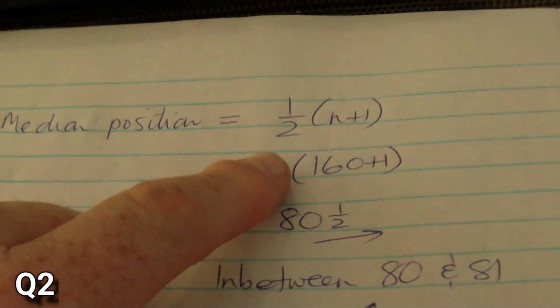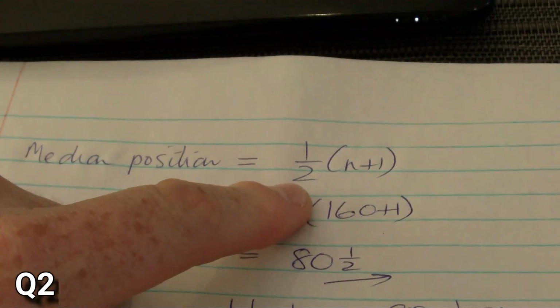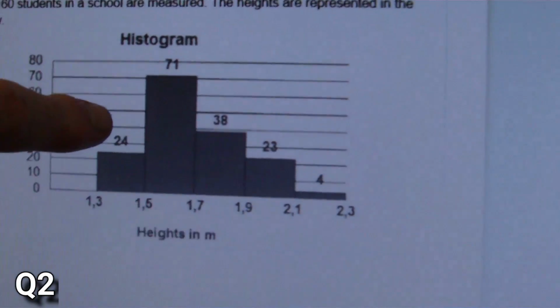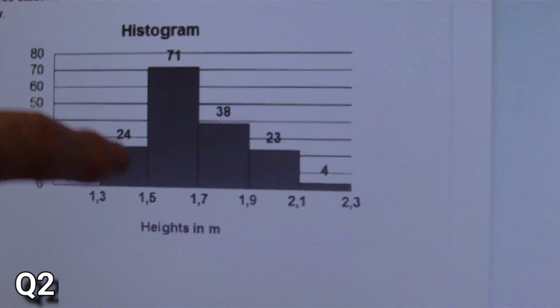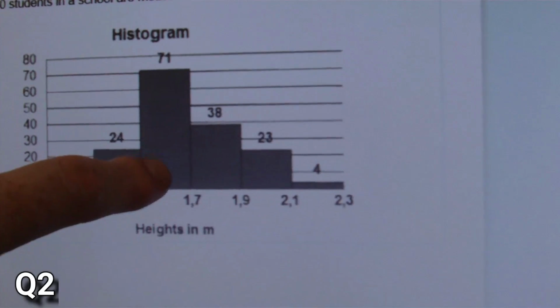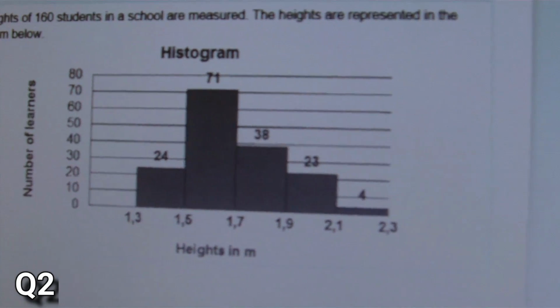This formula, half n plus 1, gives you the position of the person in the middle. So half times 161 is 80.5. Your first 24 are there. Your next 71 people are in here. How many people is that altogether? That's 95 people altogether.